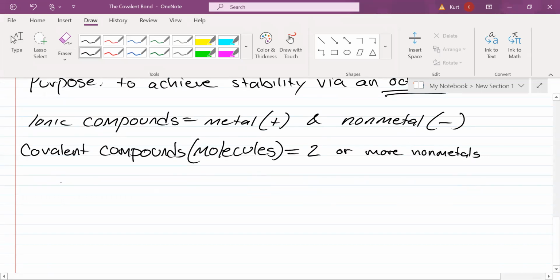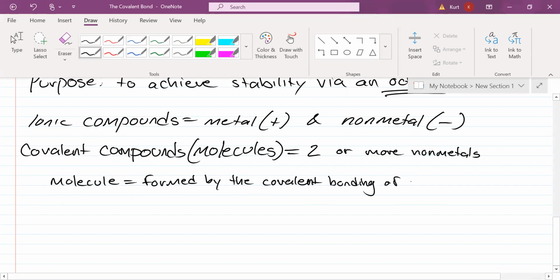Now, here's a term here, molecule, as I just said. A molecule is formed by the covalent bonding of 2 or more non-metals.